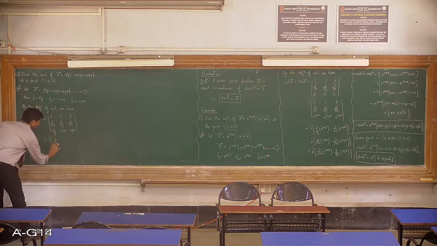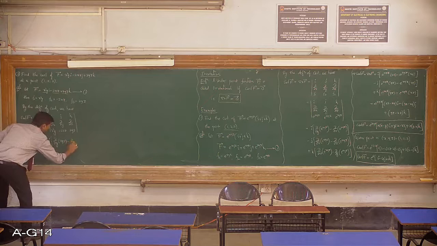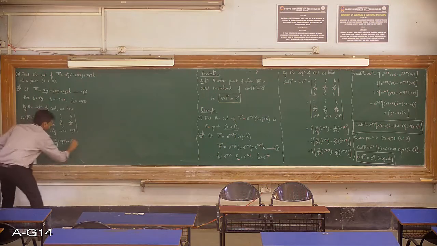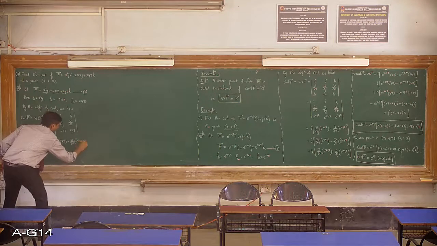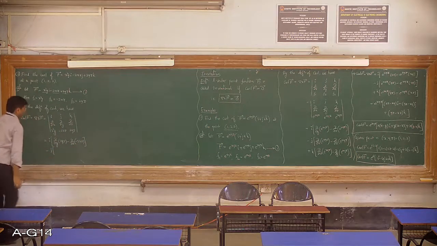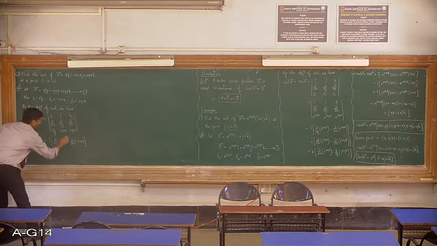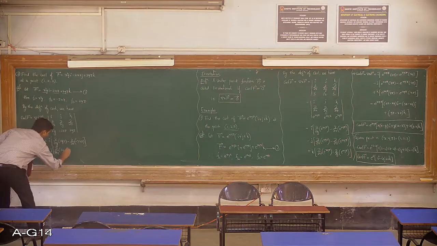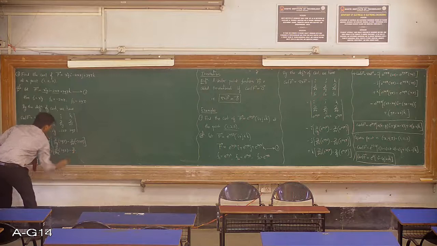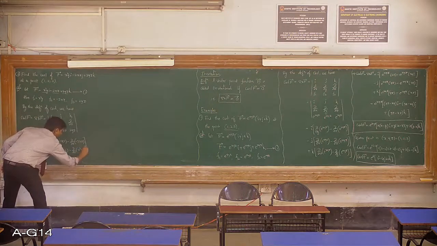Now dou by dou y of 2yz minus dou by dou z of minus 2xz. Yes, minus j in the bracket dou by dou x of 2yz minus dou by dou z of x square y, close it.